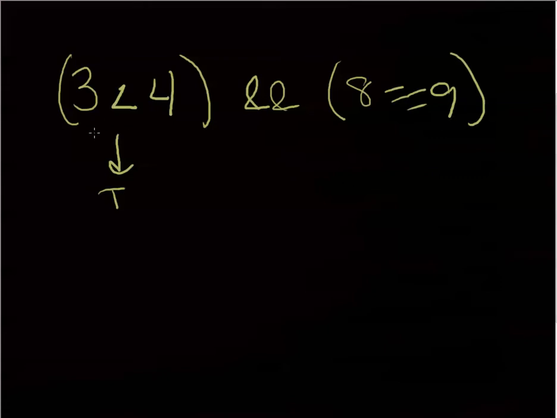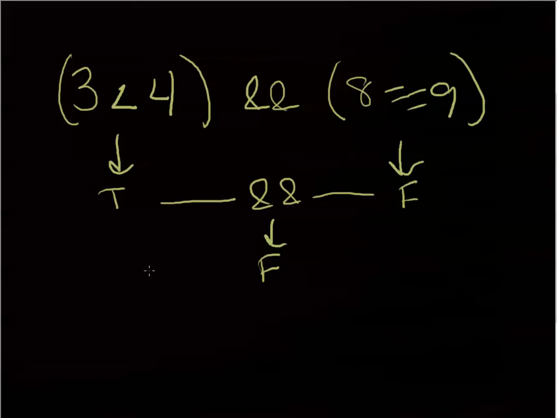The 3 less than 4 will resolve to true, and this one is going to resolve to false. Then if we look at the double ampersand, true and false is going to result in false. For this expression to be true, both sides must be true.